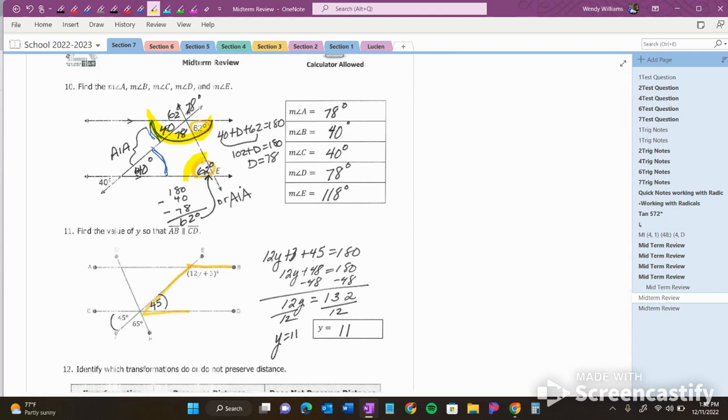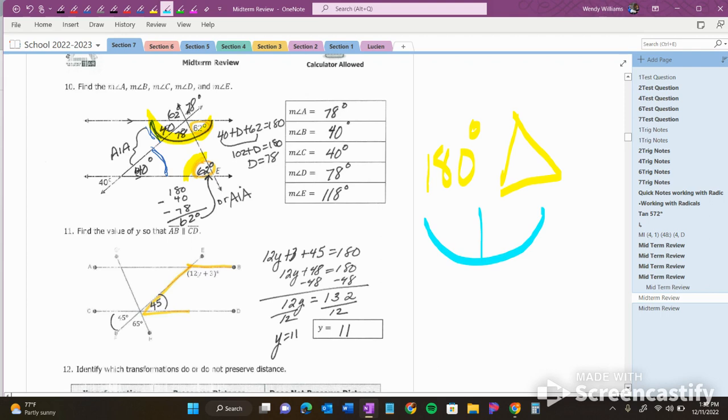This whole thing that we have 180 degrees inside of a triangle plays a big role. And we also have a big role that pieces can add up to equal 180 degrees because they are supplementary.